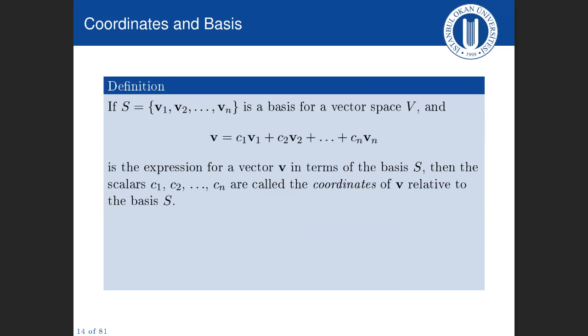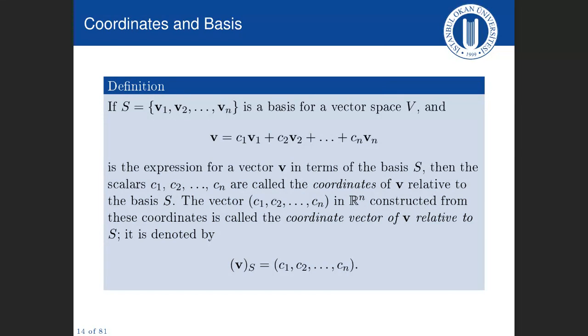If S is a basis for vector space V, and that means that we can write v as a linear combination of v1, v2 up to vn, then the numbers in this linear combination, c1, c2 up to cn, are called the coordinates of v relative to the basis S. If we write these coordinates in a vector, we would have a vector in Rn, and this is called the coordinate vector of v relative to the basis S, and it's denoted like this.